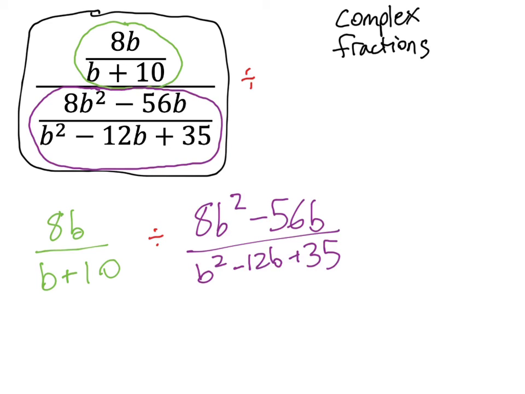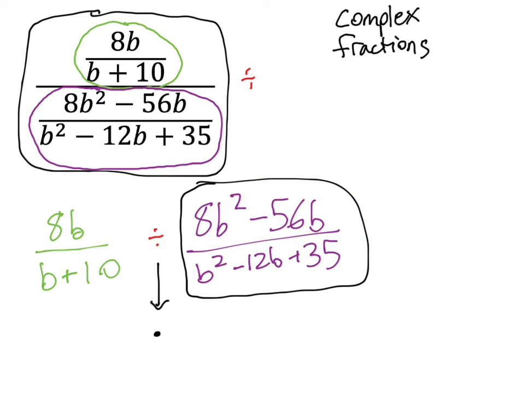So now to continue this problem, we can use the techniques that we've learned for dividing fractions. To divide two fractions, we're going to use the fact that division is the inverse of multiplication. So if we want to treat this as a multiplication problem rather than a division problem, we need to take the inverse of this expression.